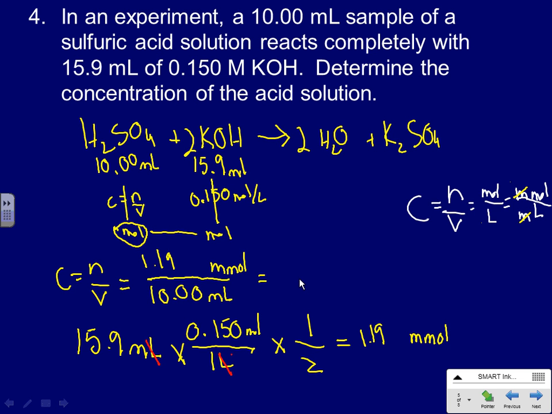What do we have? Yep, Scott. 0.119, and that now has a unit of moles per liter, which is what we want. And the reason it has a moles per liter is because the milli and the milli cancel out. All right?